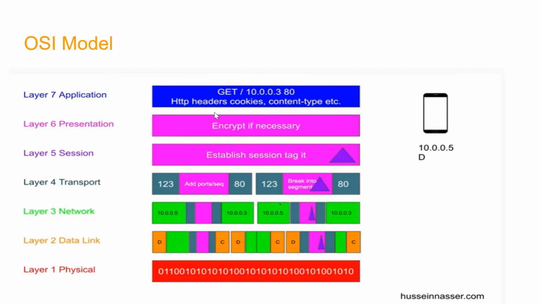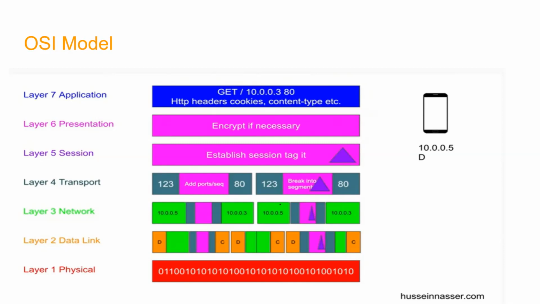Then you have layers 6 and 5. Layer 6 is for encryption, and layer 5 is establishing a session between your source and destination. Then finally you have layer 4. Your network load balancer works at this layer, where you know the port number and the IP address. If you have the port number and IP address, NLB helps you send that traffic.